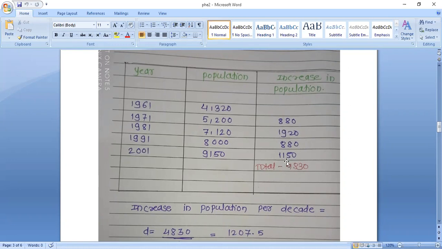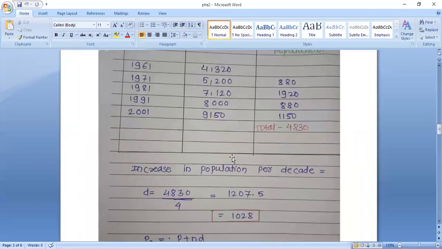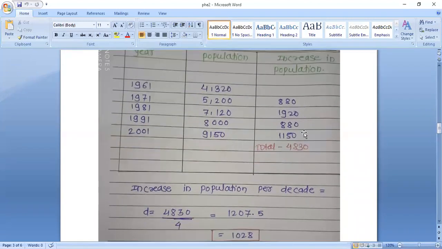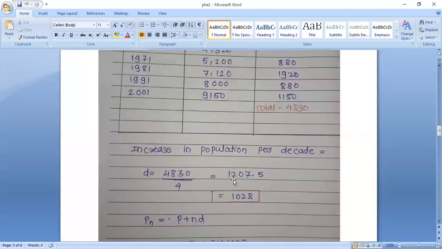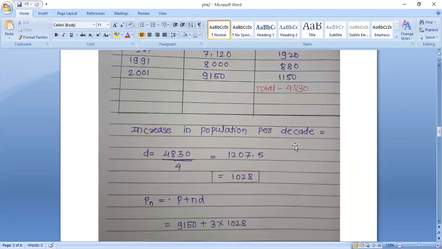It is the increase in population of 2001. Similarly, for every decade we have to calculate the increase in population. Then after calculating the total increase in population, we have to find the increase in population per decade, that is, D is equal to total increase in population divided by the number of decades.